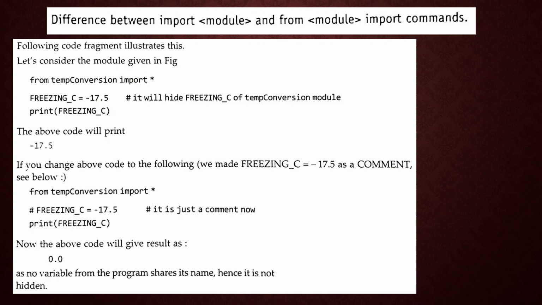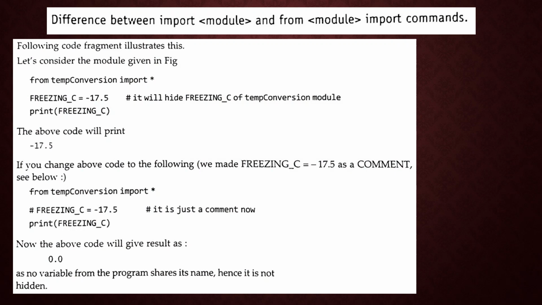Print freezing_C. The above code will print minus 17.5. That particular value, freezing_C equal to minus 17.5, will hide freezing_C of the temp conversion module. If you change the above code to the following, where we made freezing_C equal to minus 17.5 a comment, see below, what happens?